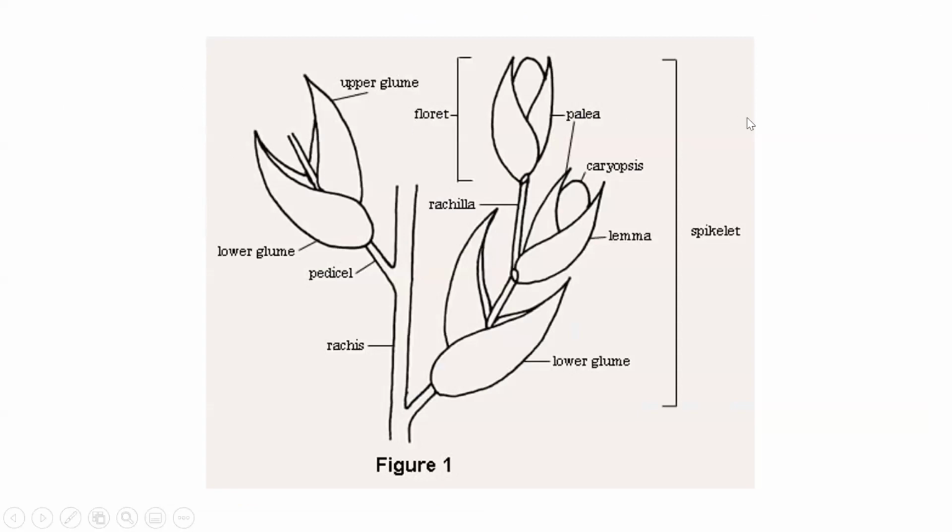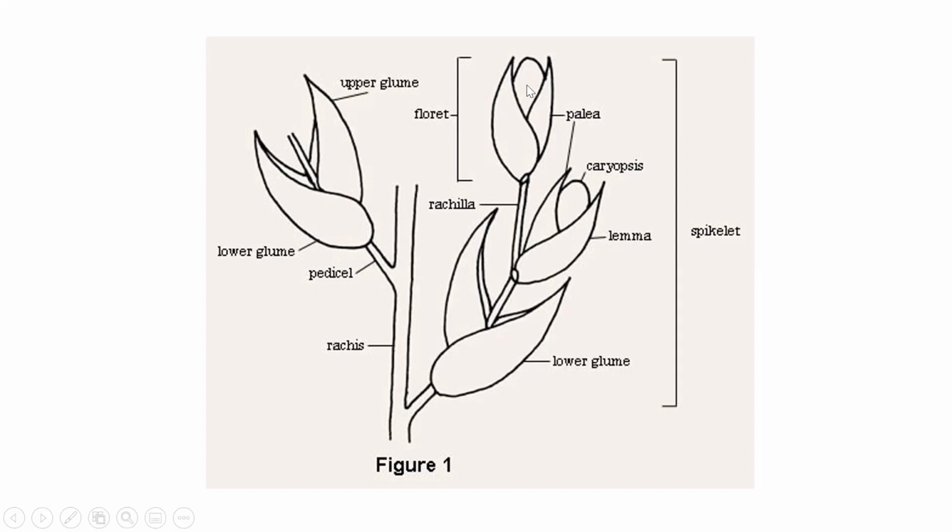So there's a lot going on in this diagram. This is just a schematic of grass structure and a few important terms. And these are fairly unique to grasses. So we might start with the floret.